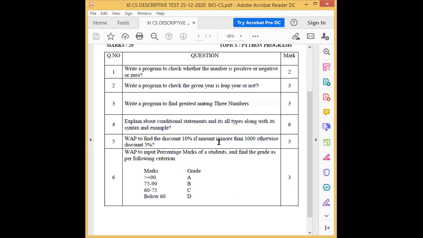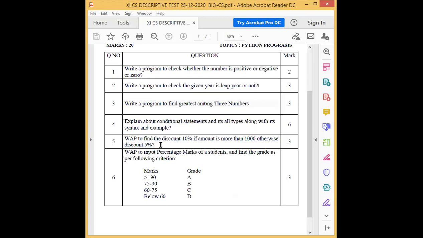Students, this is very important. If you know the syntax, you can answer everything. It is useful for finding the output, writing the program, and also for debugging the programs.